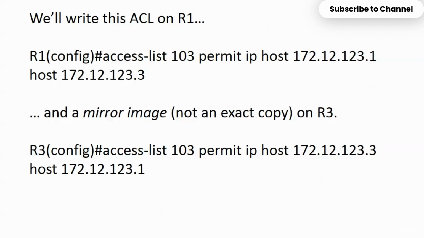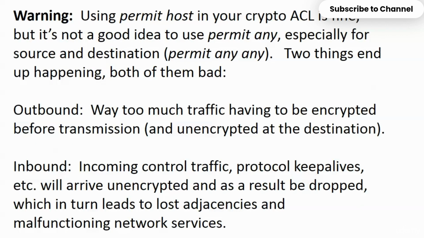Okay? One more warning, and this is from Cisco and from me, and it's something that we're going to do here as far as permit host. Using the permit host statement in your crypto ACL, that's perfectly fine, but you should be very wary of using permit any in an ACL that's going to serve as a crypto ACL, especially if you're doing it for both source and destination, because two things end up happening, and both of them are bad.